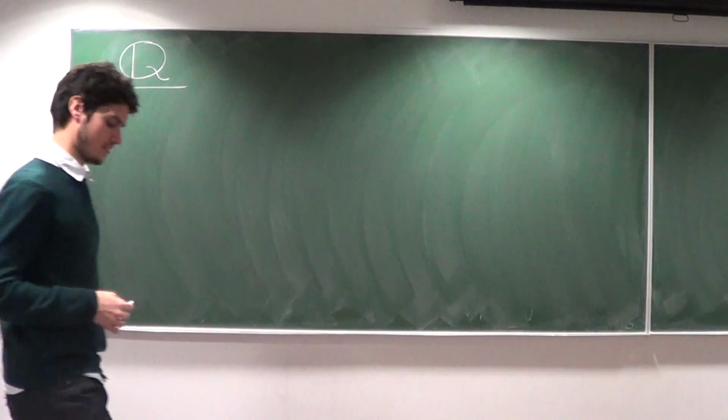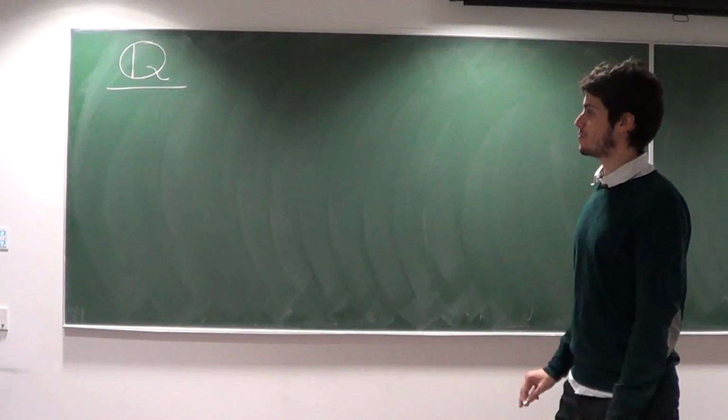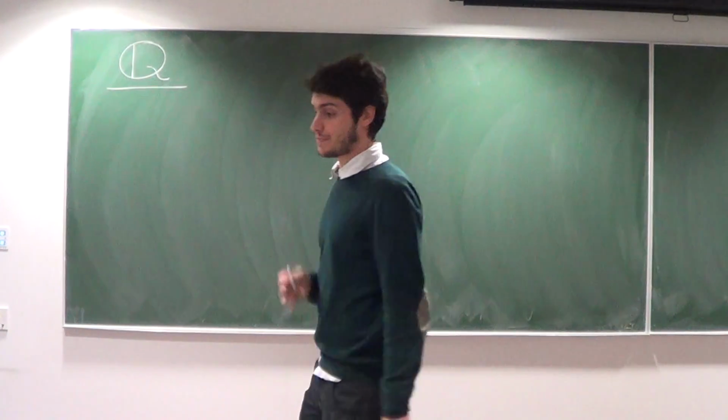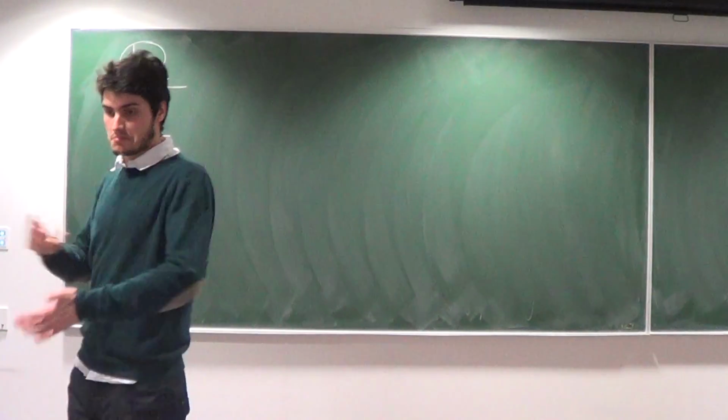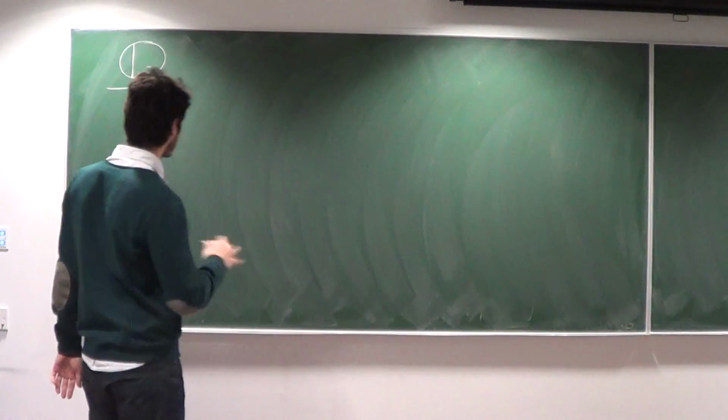So I think the safest way to actually do this is to work some examples and see how we identify uniquely the position of some concrete mechanical system. So let's imagine the simplest case possible.